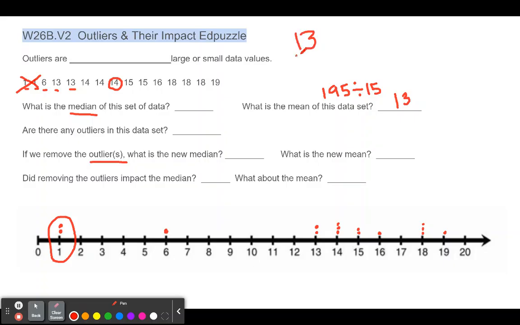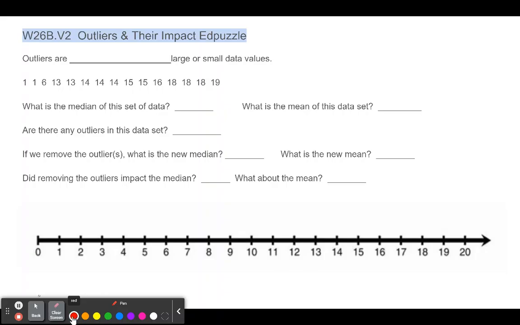So that means our median is going to be number 6. Let me go ahead and clear this off. If we get rid of these 2, the median is going to be the 6th number. 1, 2, 3, 4, 5, 6. Oh, sorry, it would be the 7th number. So we'd have 1, 2, 3, 4, 5, 6 on this side. So if we remove the outliers, the new median is 15.